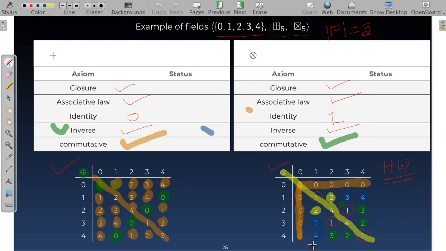Okay, these are also called Galois fields, in honor of Évariste Galois, and we will discuss them in the next lecture. So thank you.